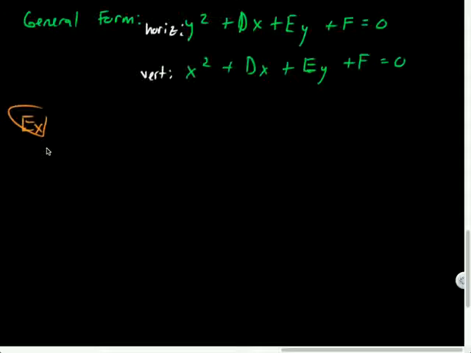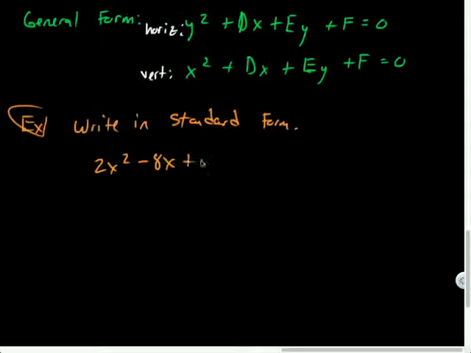So let's do an example where I have something in general form and I put it in standard. We won't graph this one though. So let's say write in standard form. So let's say I've got 2x squared minus 8x plus y plus 6 equals 0.